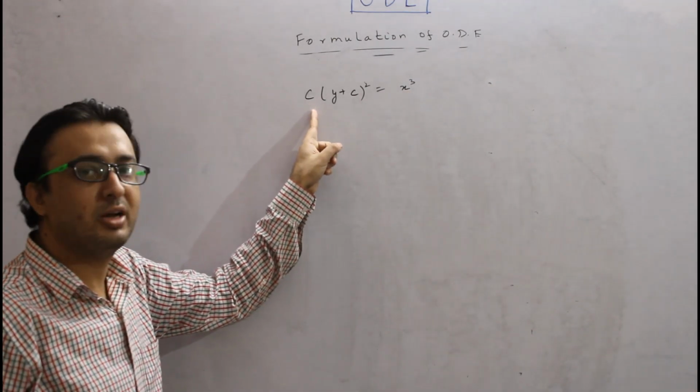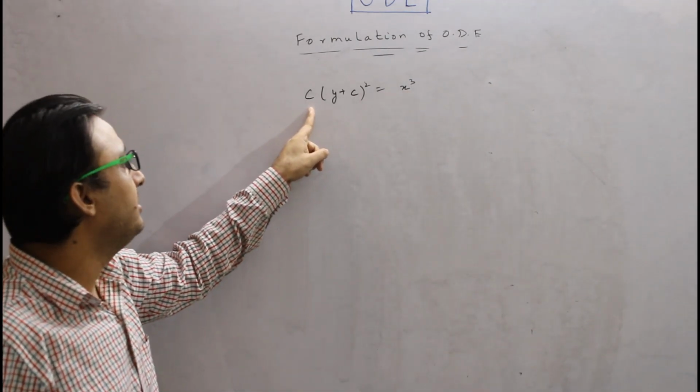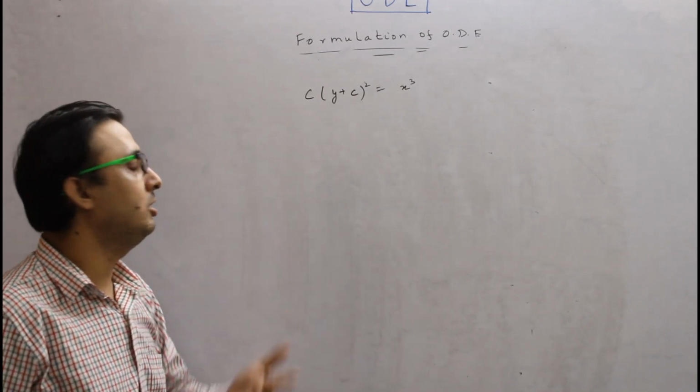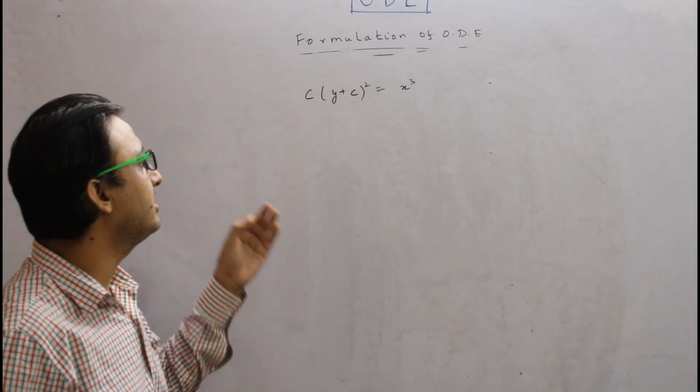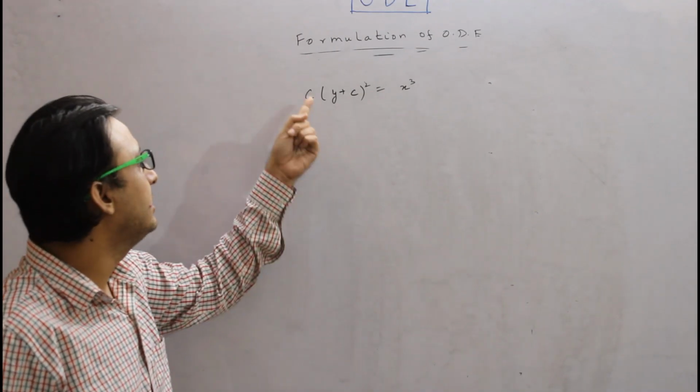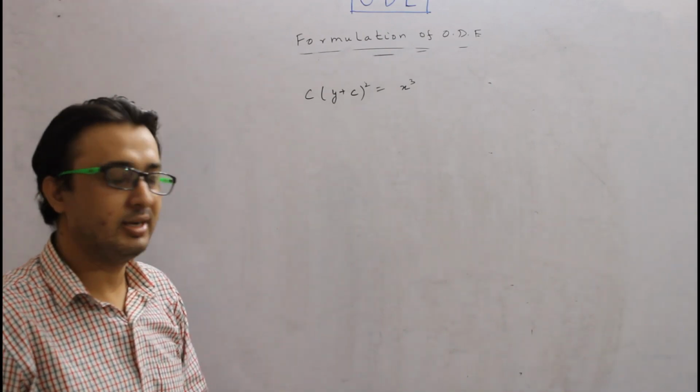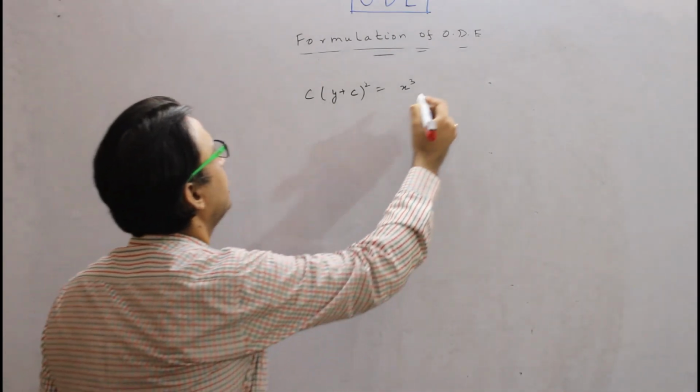We can see here we are having only one arbitrary constant, that is c. So definitely we will have to differentiate it only one time. So this gives us a very important clue, that the number of arbitrary constants gives us the clue as to how many times you have to differentiate.